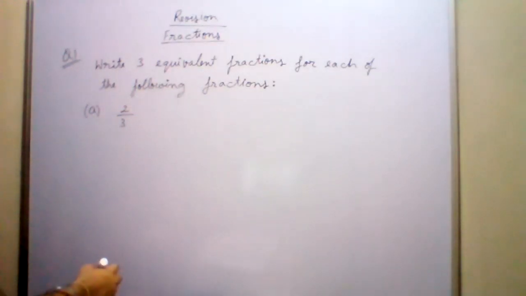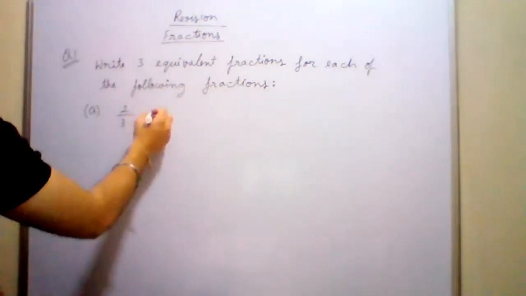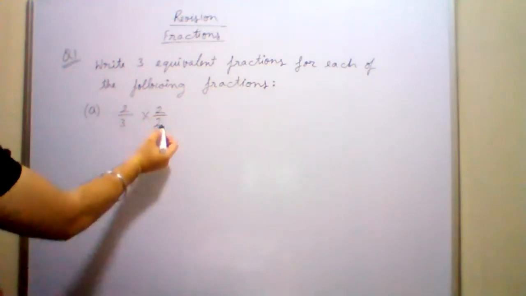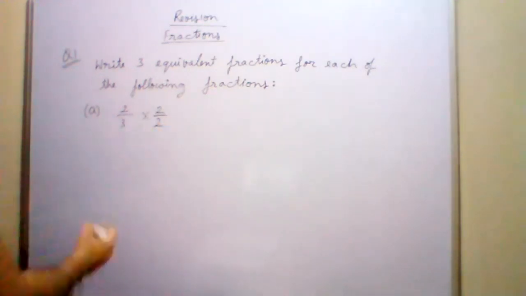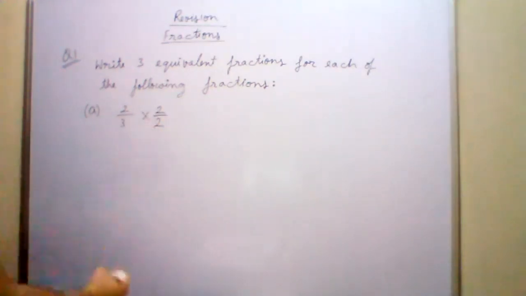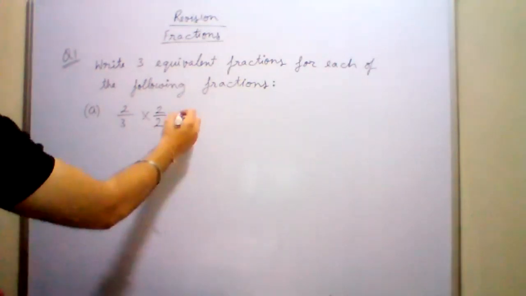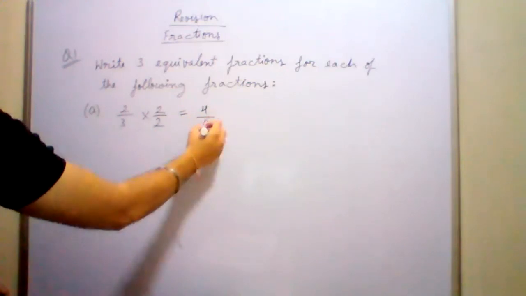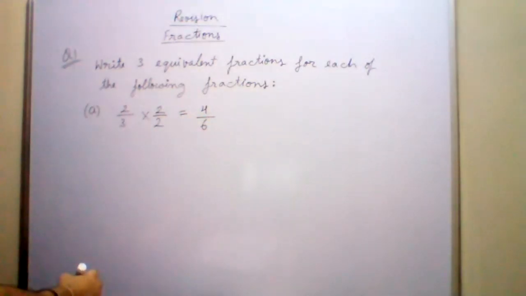If you multiply the numerator and denominator by the same number, you get an equivalent fraction to this number. So I am multiplying this fraction by 2 upon 2. That means in the numerator I will multiply by 2 and in the denominator also I will multiply by 2. So you get 2 into 2, 4 and 3 into 2, 6. So this is one of the answers.